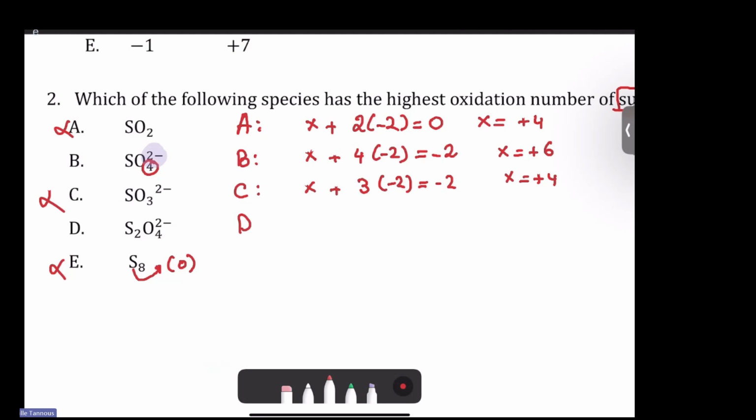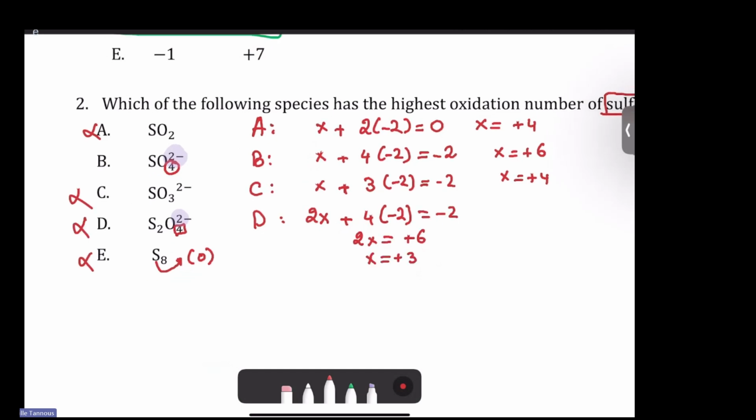In this case, I have 2 S. So I'm going to say 2X plus 4 times the oxygen, each one is negative 2, and equal to negative 2, the overall charge. So here, 2x is equal to 6, x is equal to 3.